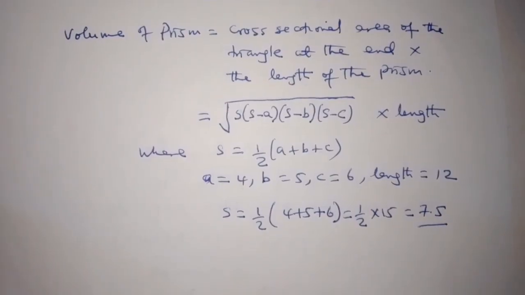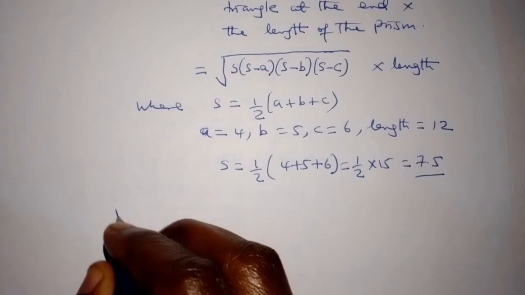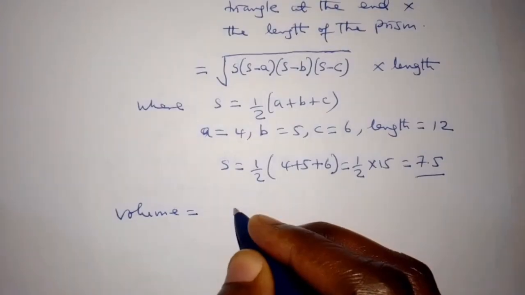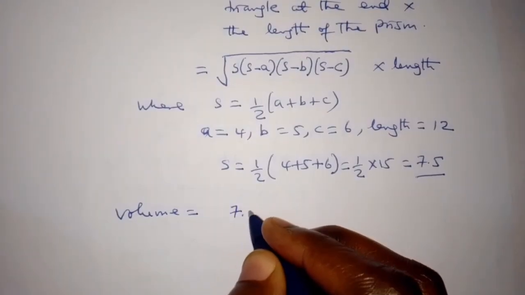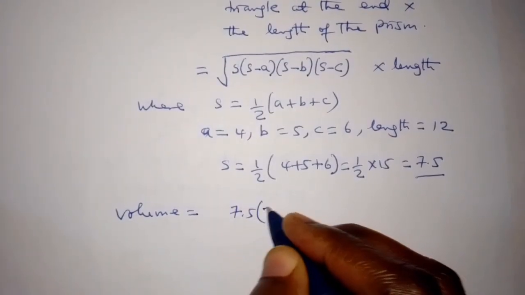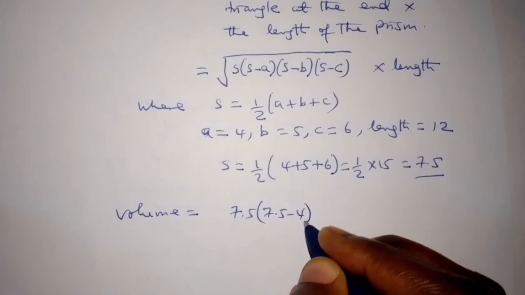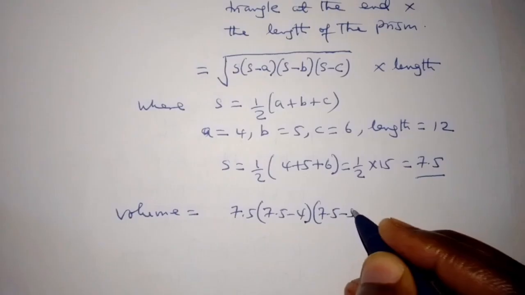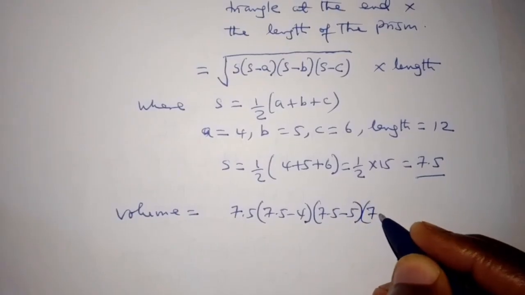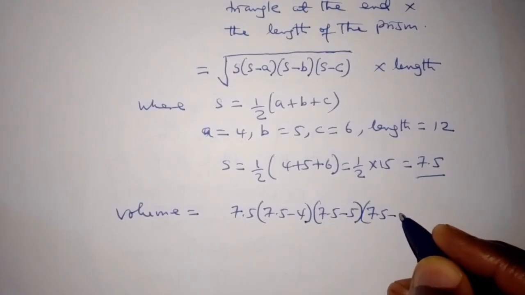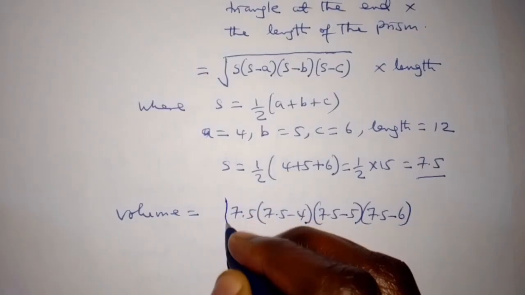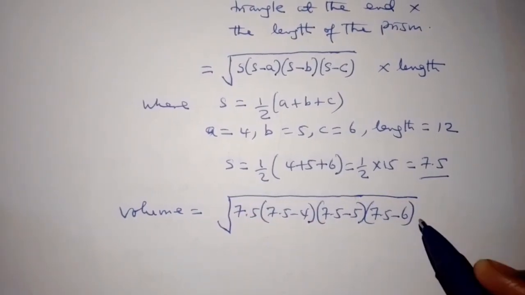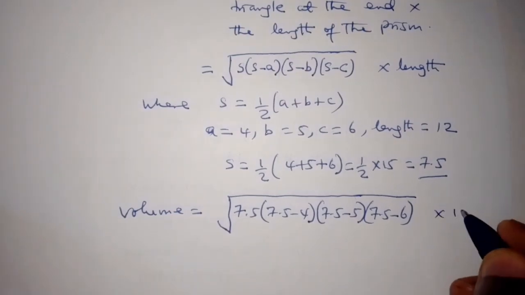Now volume is equal to the square root of 7.5 times 7.5 minus 4, 7.5 minus 5, 7.5 minus 6, times 12.